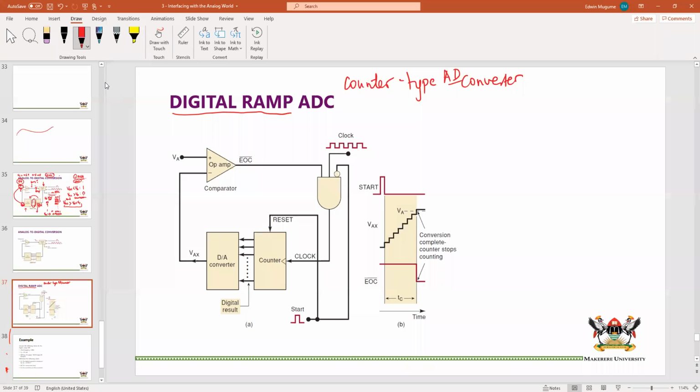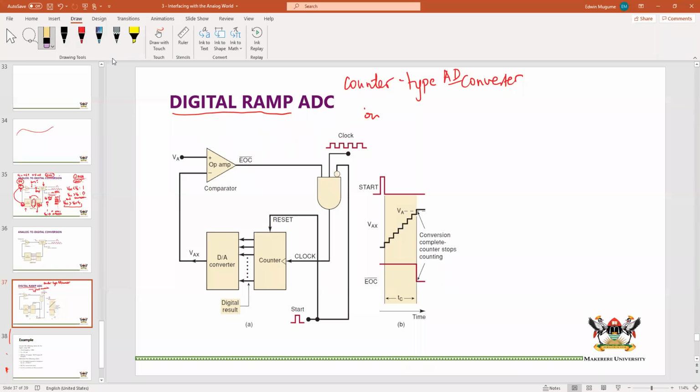But with the counter, it's obvious that if we give it the clock signal, it will continue to increase. Now, this one is the end of conversion signal. The output of the ramp is high until the end when it goes low. You can see that this EOC signal is active low here because it has a bar, so when it goes low, we end conversion.